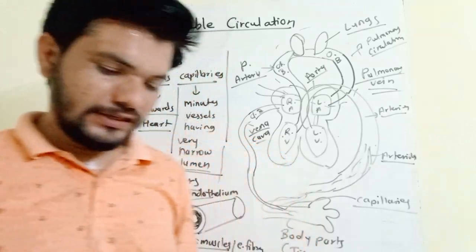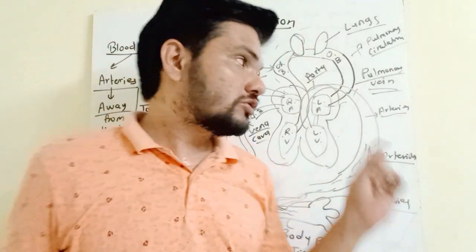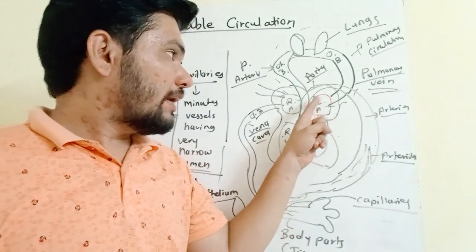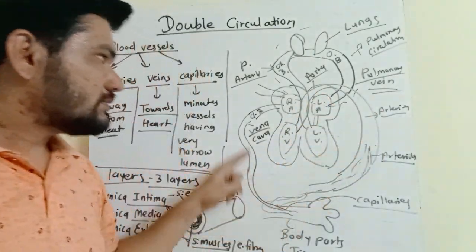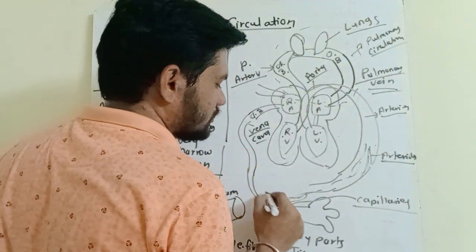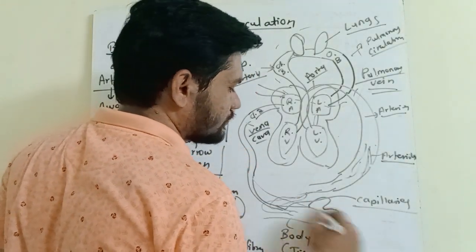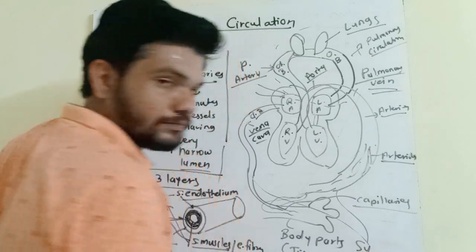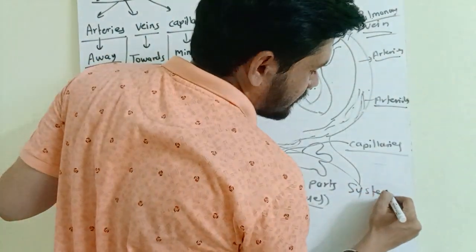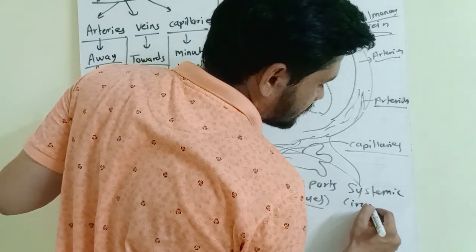Pulmonary is a term which we use for lungs. So this part is called the pulmonary circulation, and this part is called the systemic circulation.